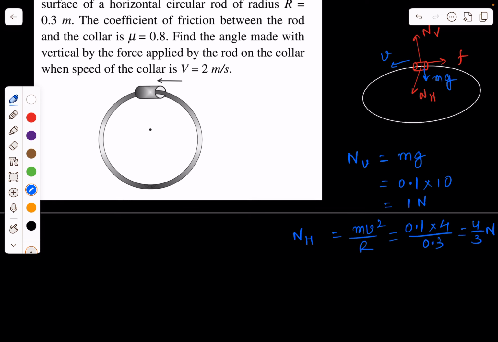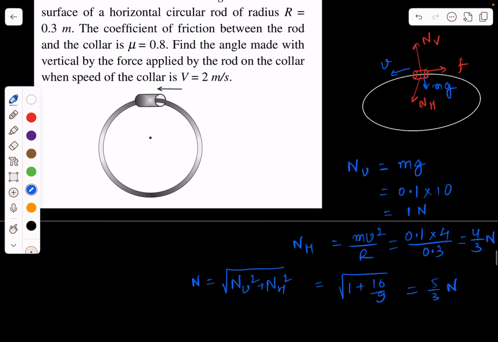So the resultant normal reaction, which can be written as under root NV square plus NH square, comes out to be under root 1 plus 16 by 9, which on solving will give us under root 25 by 9, which is 5 by 3 Newton.